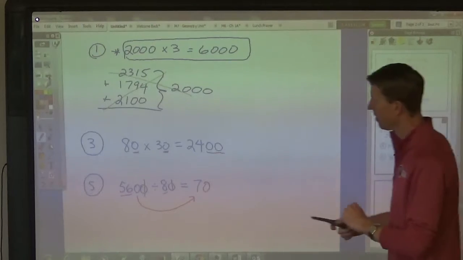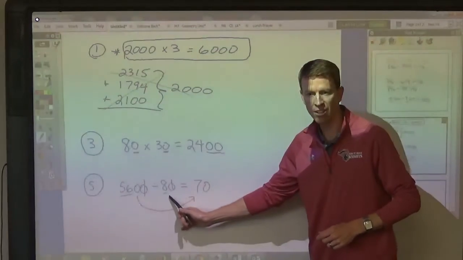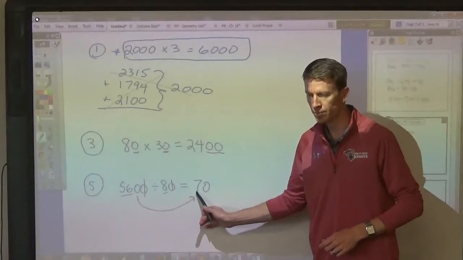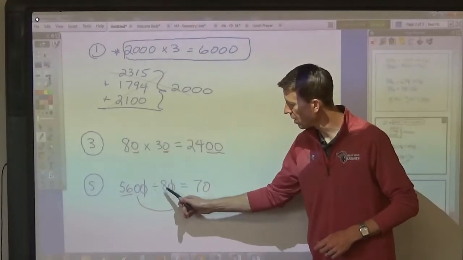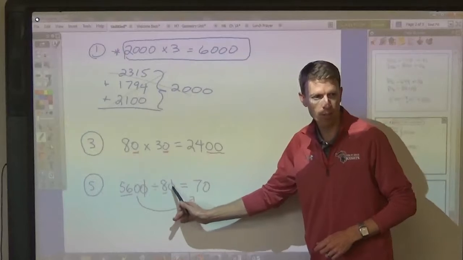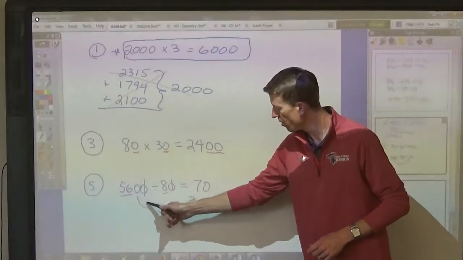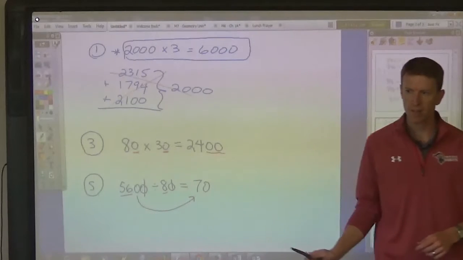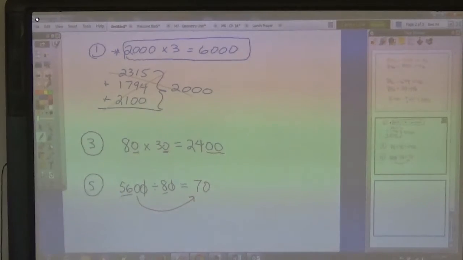Compatible numbers. 56 and 8 are compatible. 56 divided by 8 is 7. Then you can cross out 1 zero from each number and put the remaining one in the answer. Any questions on that? All right, that's a good review from yesterday. And you can use these notes to study for your quiz.